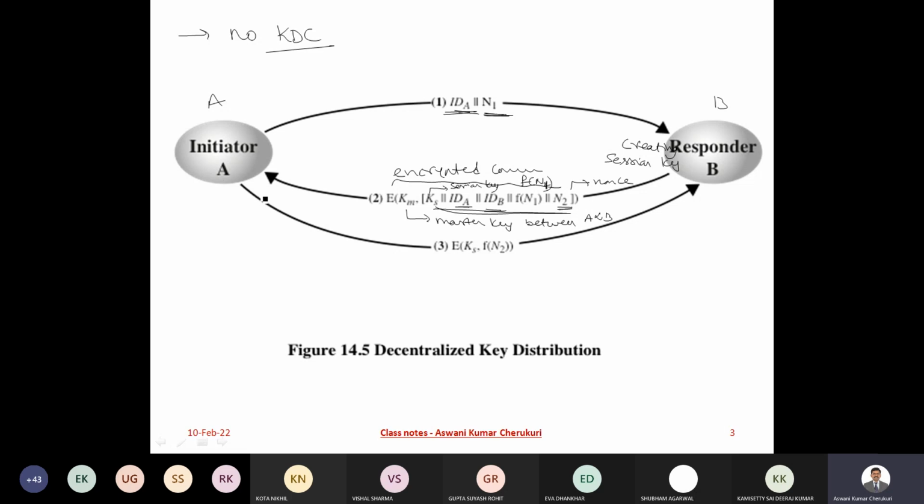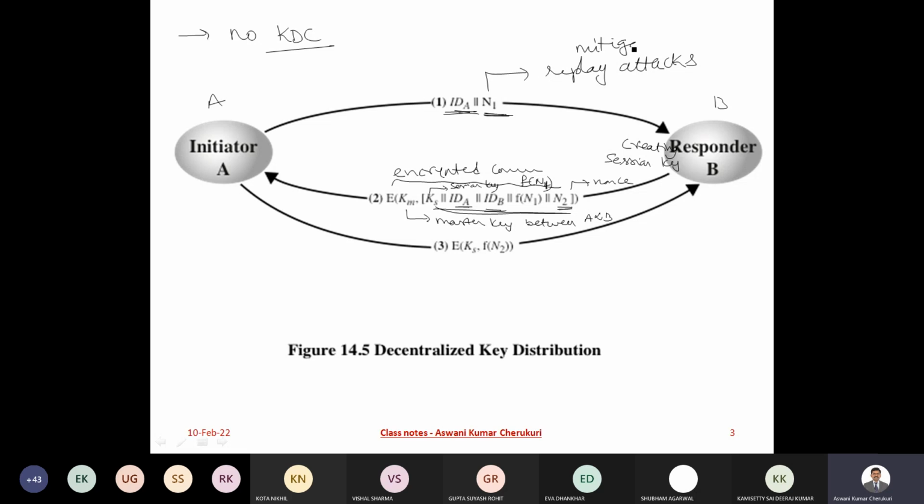Now A receives it. Will A be in a position to decrypt the second message, the second step, or not? Certainly yes, because it is an encrypted piece of communication that was encrypted with the help of the master key between A and B. A also has that master key, so A will decrypt it. So A gets KS now, and A understands that this is the response to my first step. In that way, by having these nonces, you are going to mitigate replay attacks.